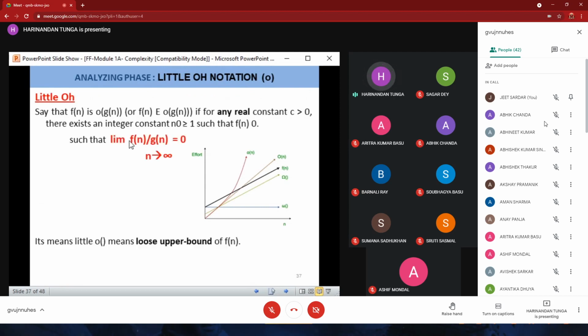Another is the little o. There are two real positive functions. We say that Fn equals little o of Gn if there exist C, a constant greater than 0, and a minimum problem size greater than or equal to 1.